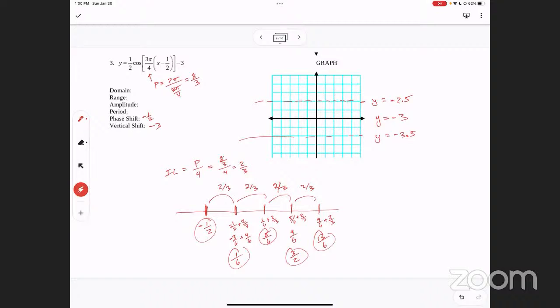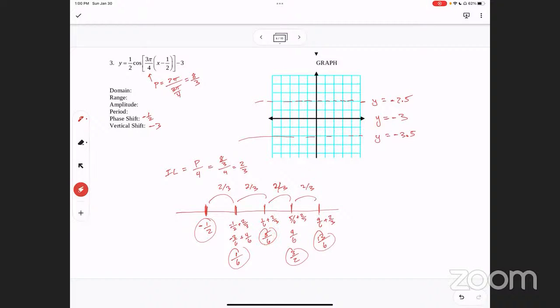That's correct. So each of these should be 2/3, and I'm starting at negative 1/2. So that's negative 3/6, 4/6, that's 1/6. 1/6 plus 2/3 is 5/6. That's right.